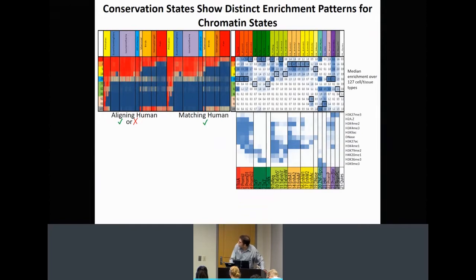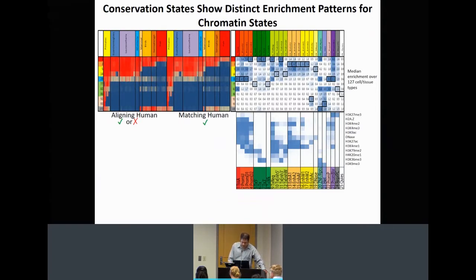The one that was maximally enriched for enhancers is the state 2, which aligns through almost all the vertebrates except for fish, while the one that aligns through all the vertebrates has the strongest enrichment for the transcribed states where the exons are. And then there's other states associated with more heterochromatic and repressive information.